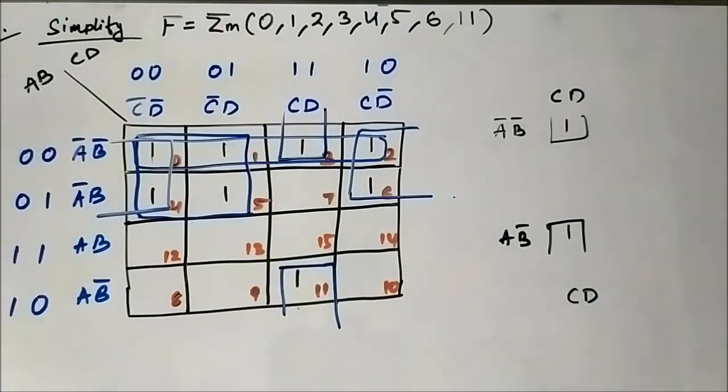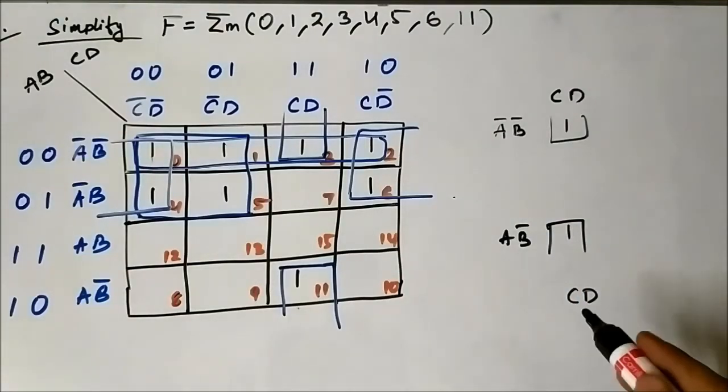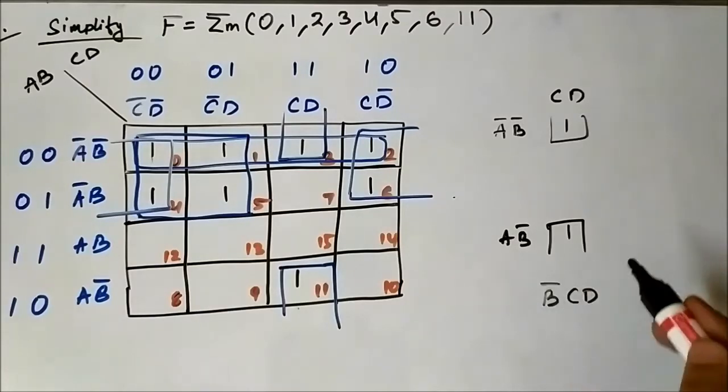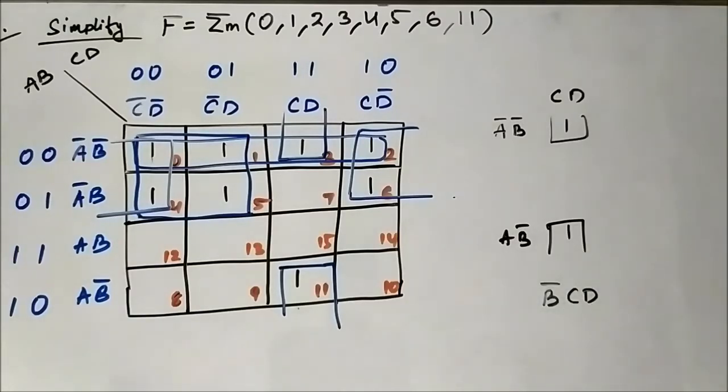So one of the common variables is B bar CD.